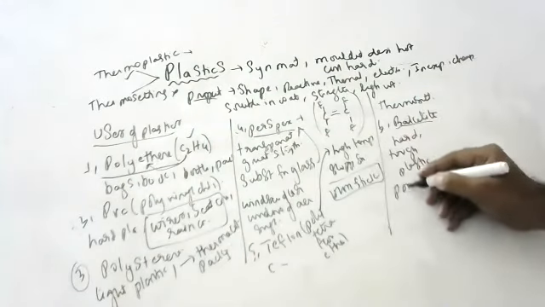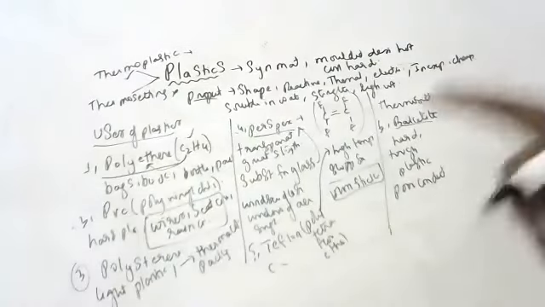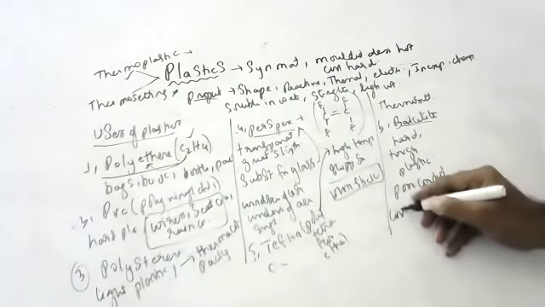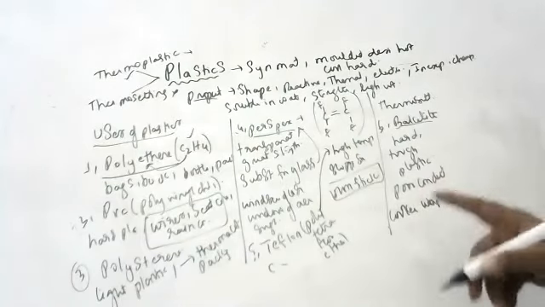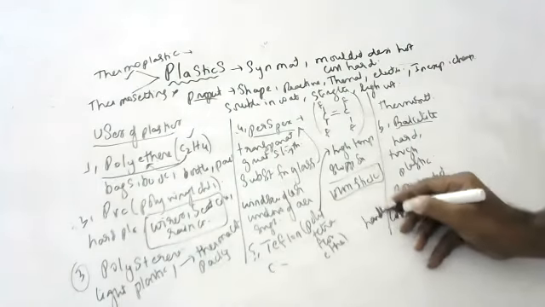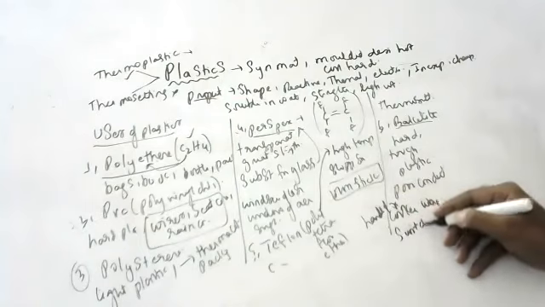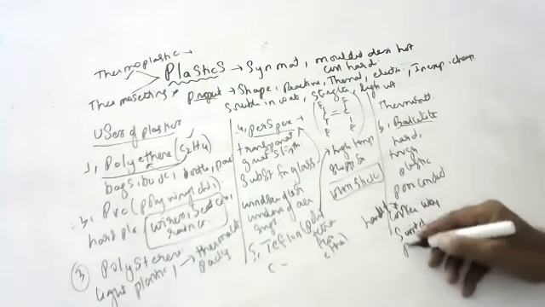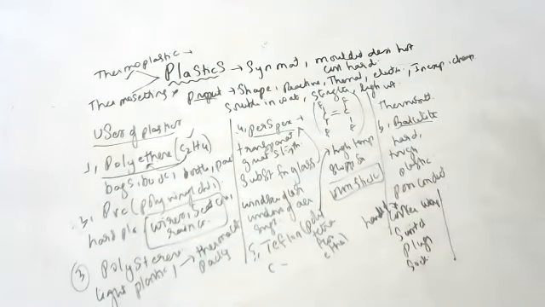Remember, it is a poor conductor of heat and electricity, so it is used in making handles of cooking utensils, and also switches. All your switches are bakelite, and plugs and sockets too. Why? Because it is a bad conductor of electricity.